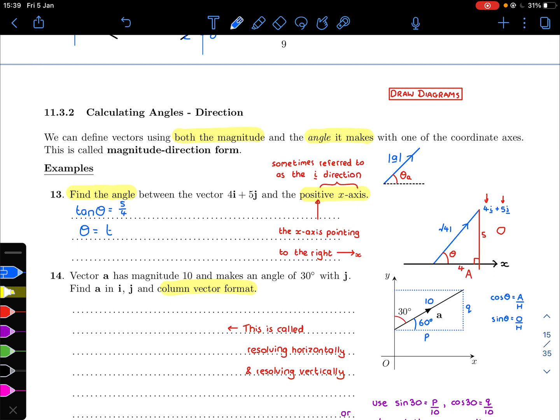So theta is the inverse tan of 5/4. Putting that on the calculator gives 51.3 degrees, to 3 significant figures.